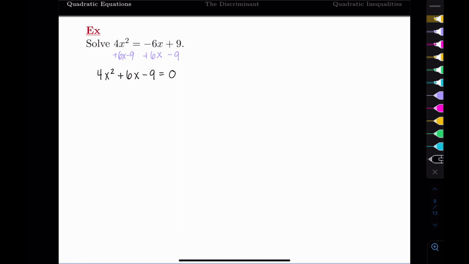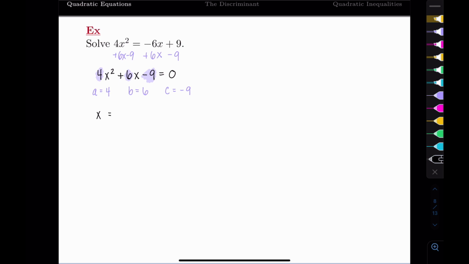I have to do this before I find my values of a, b, and c, otherwise I'm going to have some sign errors. Now I just pick off these constants in order and keep the sign with them. So a is 4, b is positive 6, and c is negative 9. Immediately I can plug everything into our solutions.